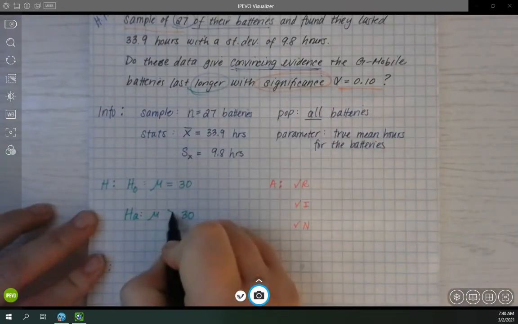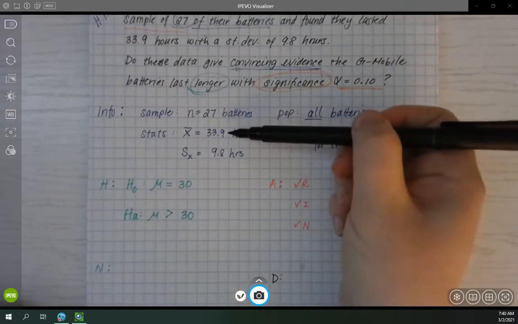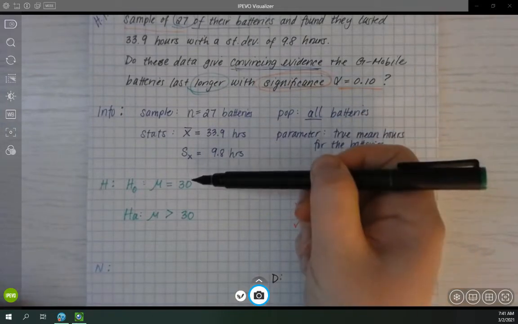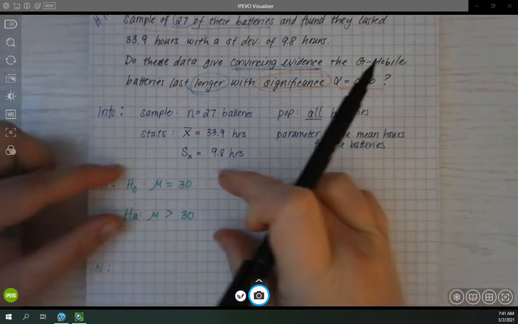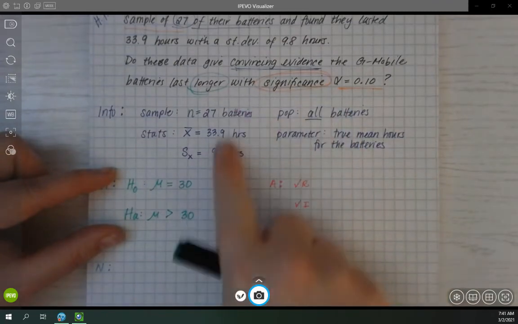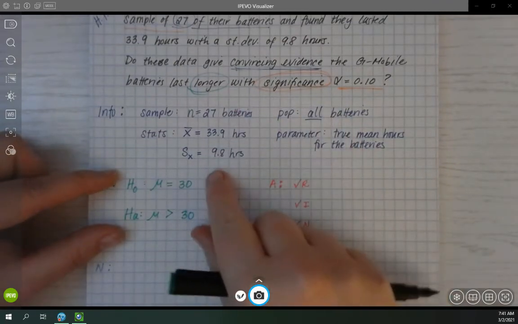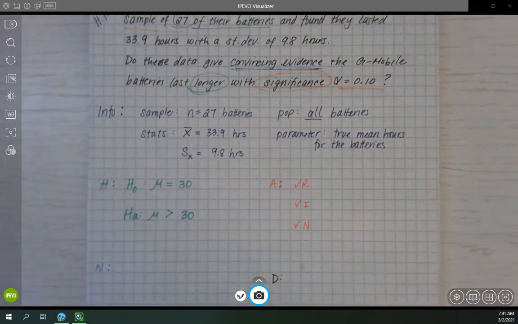That longer would give me that greater than sign. I can also see that 33 is bigger than 30, so I should be using the bigger than sign. Your hypothesis is good enough as long as you've written out all this information. You don't need to make this any more complicated, and you can leave your hypothesis like this.